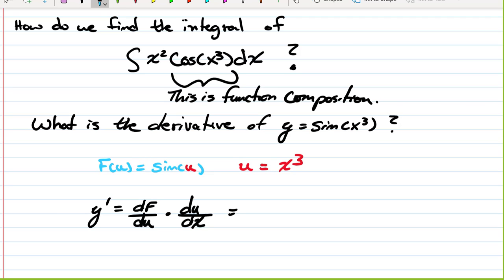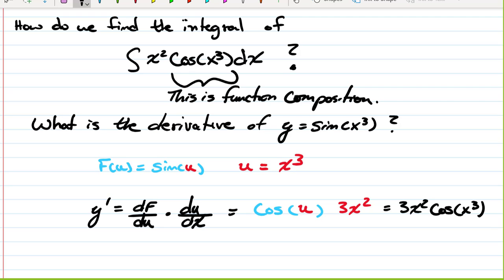That gives us the derivative of sine is cosine u, times du dx, which is 3x squared. Putting all those together, we get 3x squared cosine u, which is x cubed.